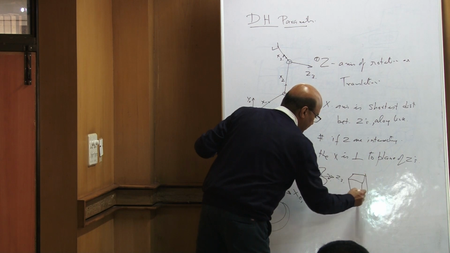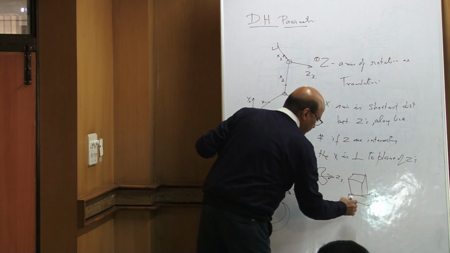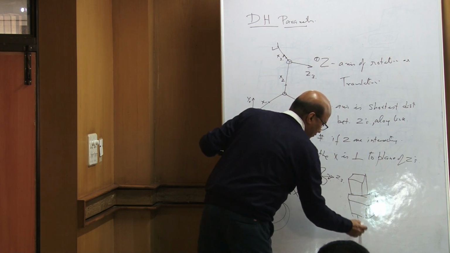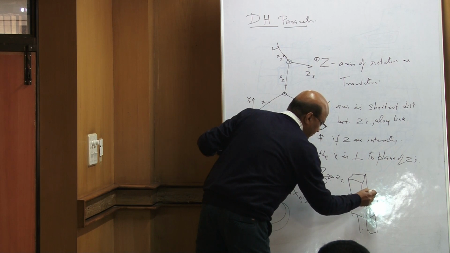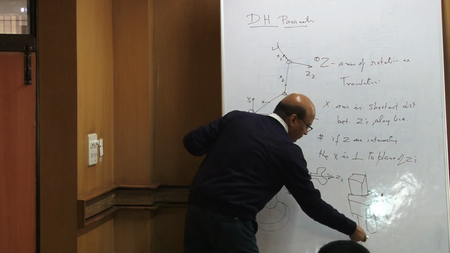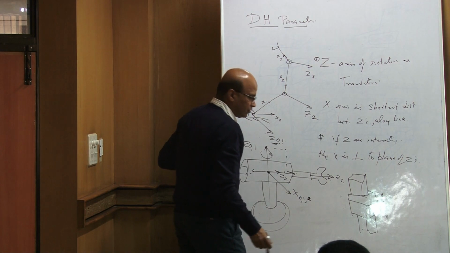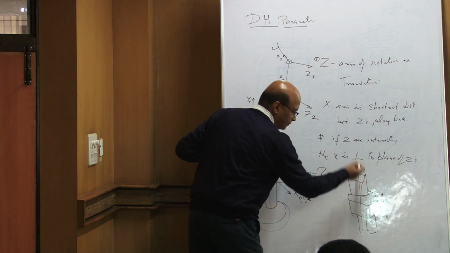So this was the prismatic joint, right? So in this joint, this can translate up and down. So this piece can go up and down on this. It cannot rotate. So when we are saying axis of translation, what is the axis of translation?